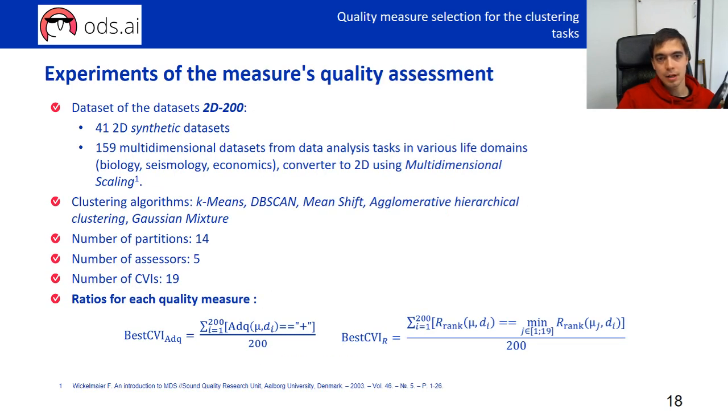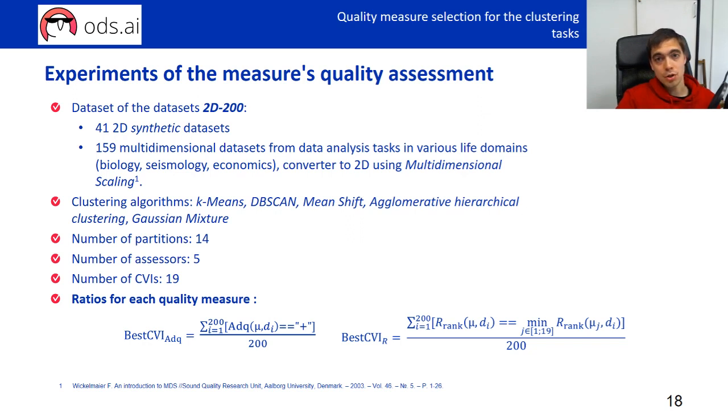Let's analyze the parameters of the experiments to evaluate the quality measures. So what have we done? The experiments were performed on the dataset of datasets 2D2000 that I mentioned before. That consists of 41 two-dimensional synthetic datasets and 159 multidimensional datasets from different domains that were converted to two dimensions using a multidimensional scaling algorithm.